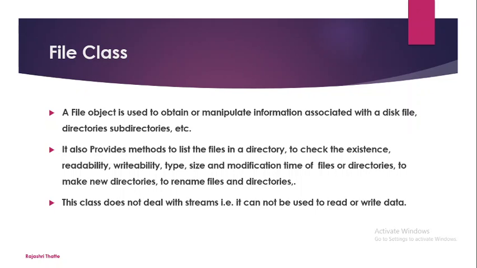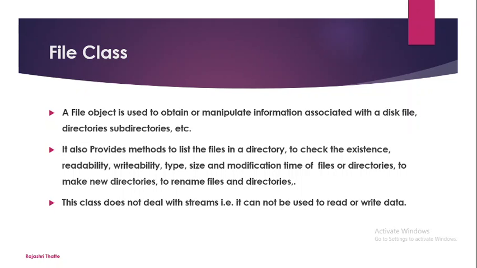These are some important points regarding the File class. A File object is used to obtain or manipulate information associated with a disk file, directories, subdirectories, etc. Regarding any file, some amount of information is stored with it.